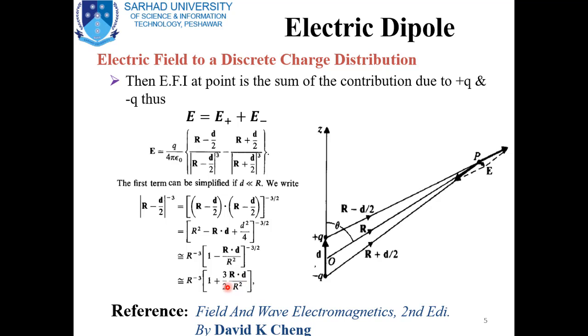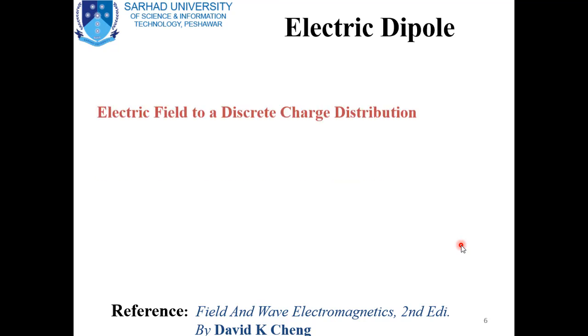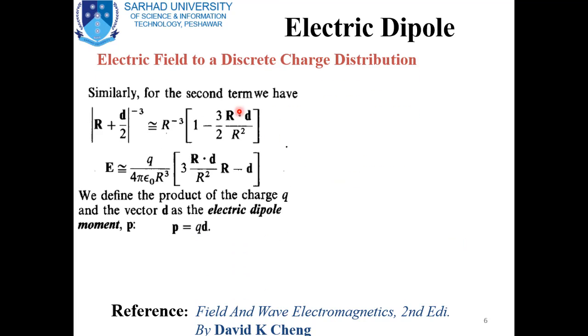So we write this for the absolute value of r minus d by 2 to the power minus 3. Similarly, for the second term we have the absolute value of r plus d by 2 to the power minus 3. If we do the same process and expand by the binomial expansion, our answer will be r to the power minus 3 into 1 minus 3 by 2 r dot d divided by r squared.